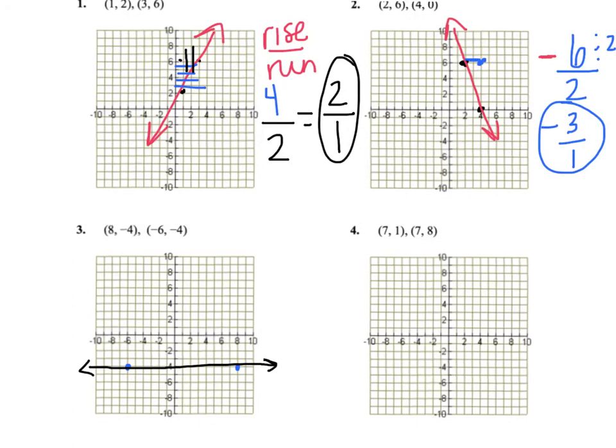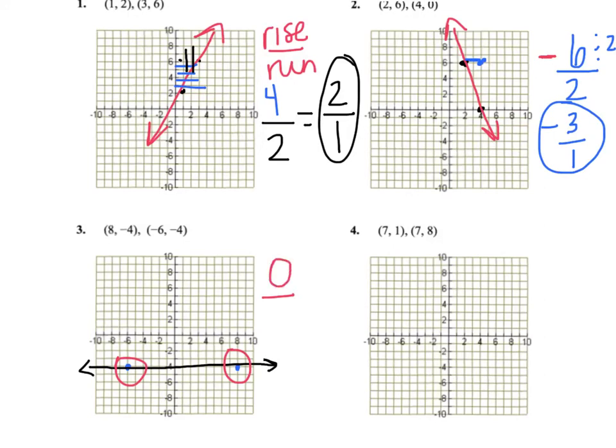Now, we need to figure out what is the slope of this. And remember, we talked about this a little bit in class today, that there are 4 different types of slope: positive, negative, 0 slope, or no slope. And if you look, to get from this dot right here to this dot, how many spaces do I need to go up? And hopefully you said 0.